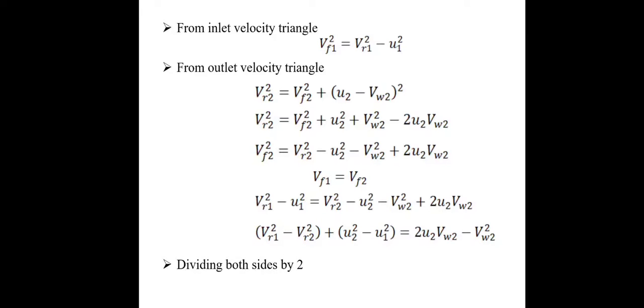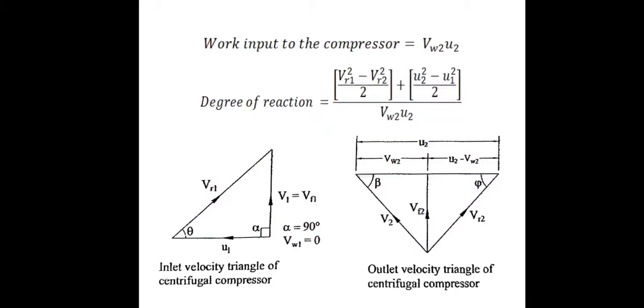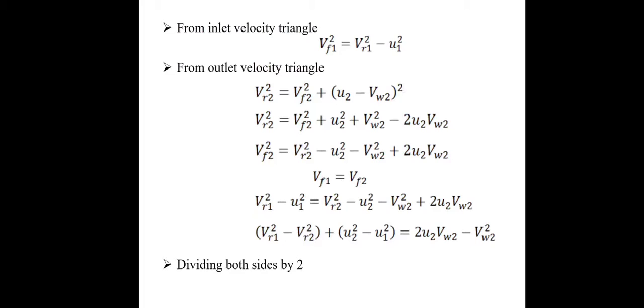Expanding the equation, VR2 square is equal to VF2 square plus U2 square plus VW2 square minus 2 U2 into VW2. Here we expanded (U2 minus VW2) all square.